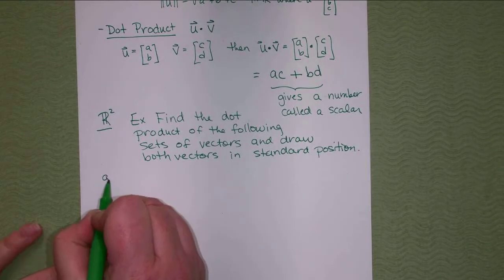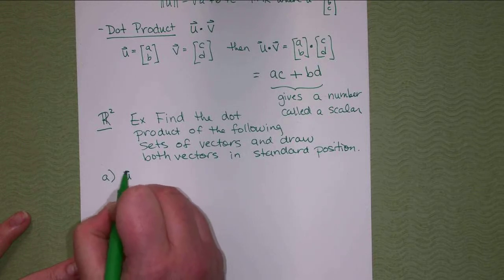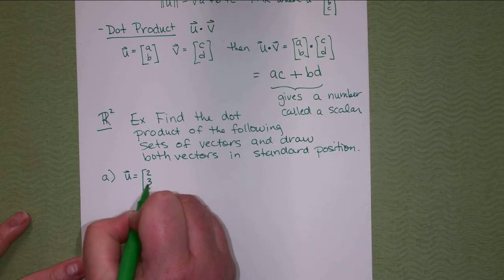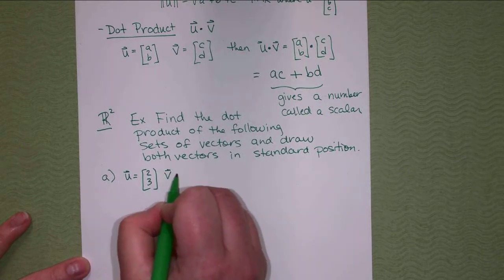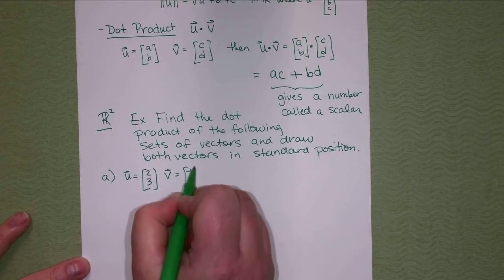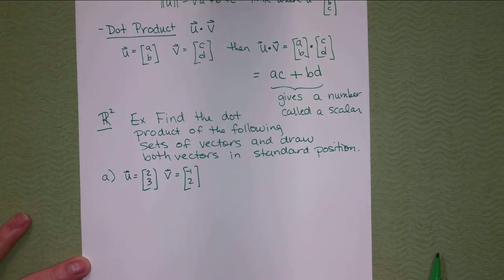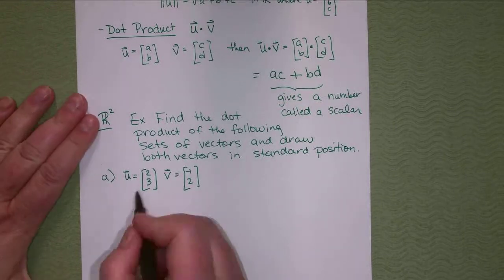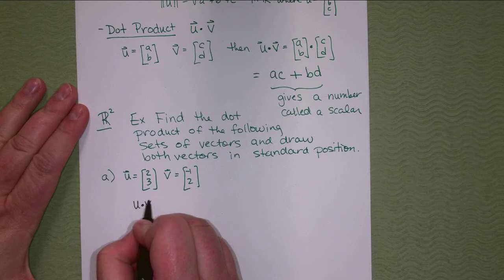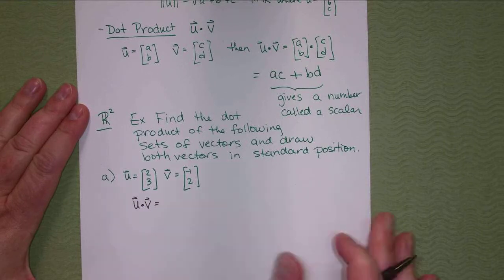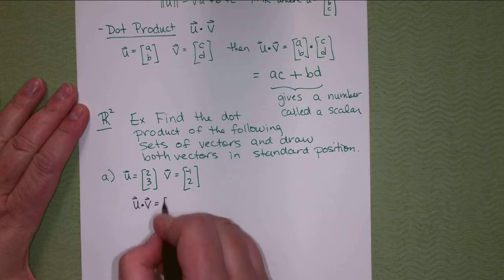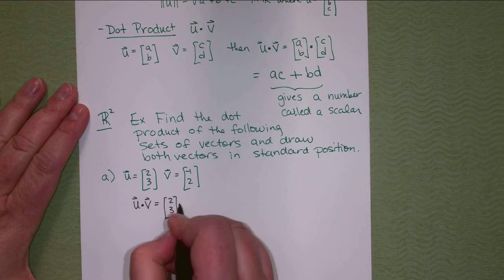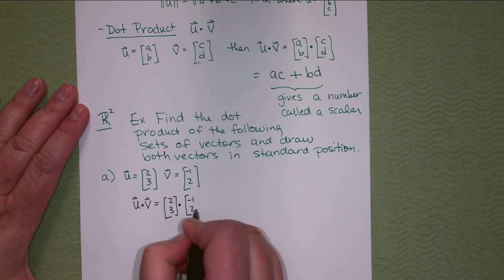Okay, so for the first one, we'll say u is (2, 3) and v is (-1, 2). So the dot product, we would say u dot v. I usually write the vectors, but it's not needed if you can do it in your head.